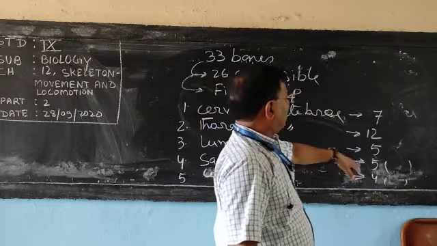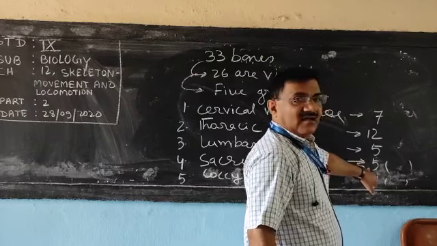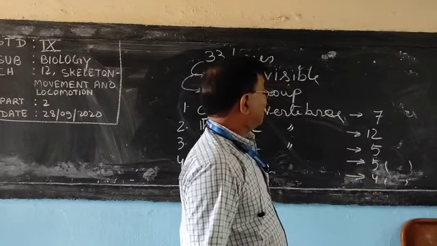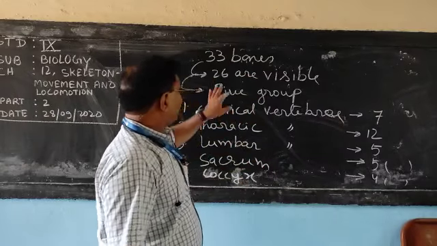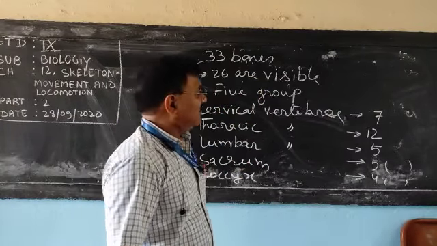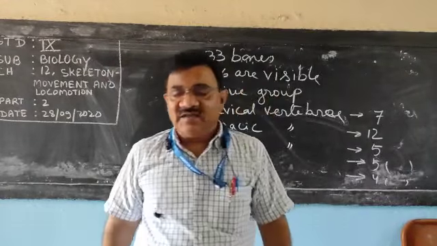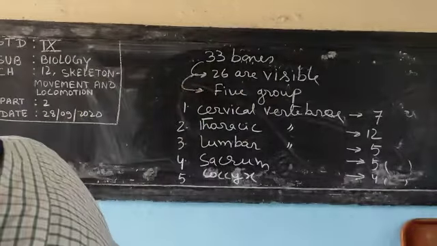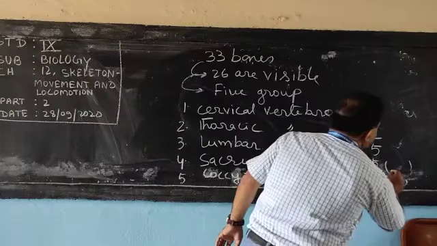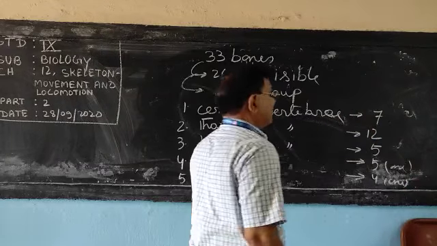So total, when you add 12 and 7, 19; 19 and 5, 24; 24 and 5, 29; and 4, 33. But what I have told you, that only 26 are visible. The sacrum fuses to form a single bone, and the coccyx fuses to form 1 bone.